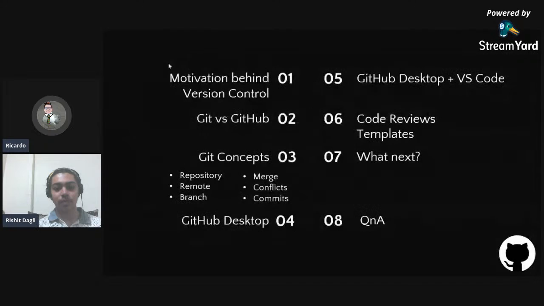I think we have a very wide public, as the slide was showing, and a lot of people can benefit from that. Briefly, what we hope to do is explain why we should use version control tools. We'll be covering what is Git, what is GitHub, and some basic concepts.